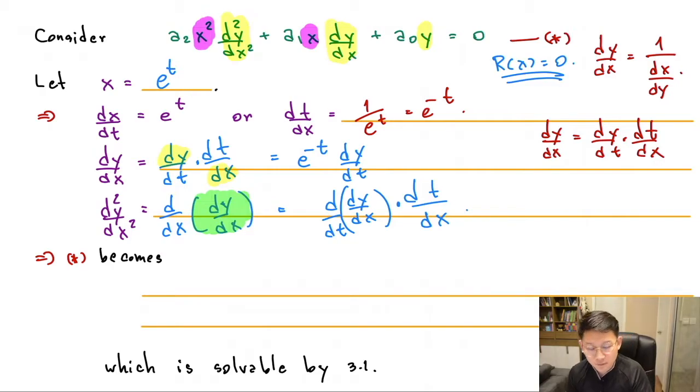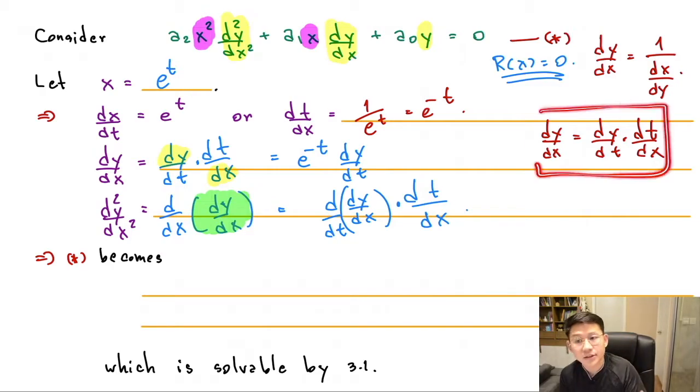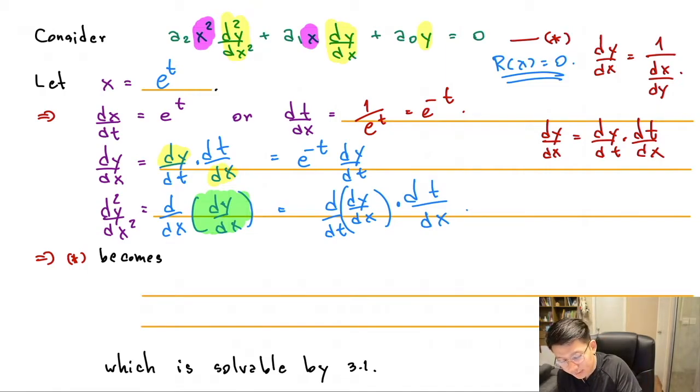But guys, from chain rule, dy by dx is dy by dt, dt by dx. So here we look at this as y. So dy by dx is dy by dt and then dt by dx. Make sense? And if I put things back in there, I would have that it's actually d by dt, but dy by dx is e to the minus t dy by dt.